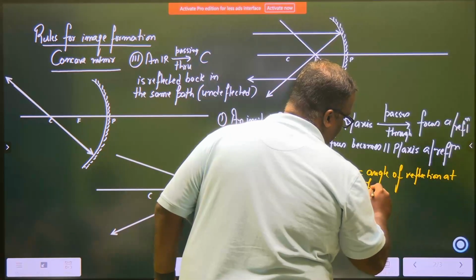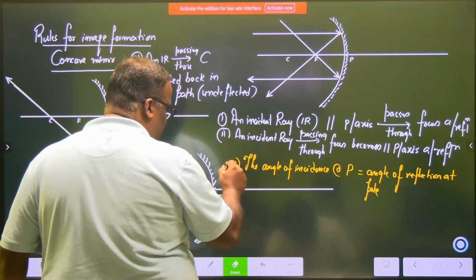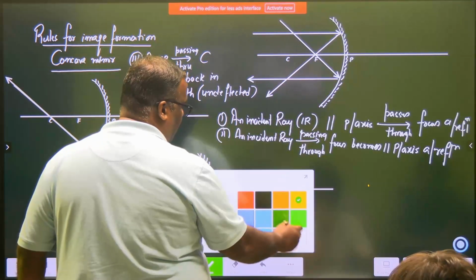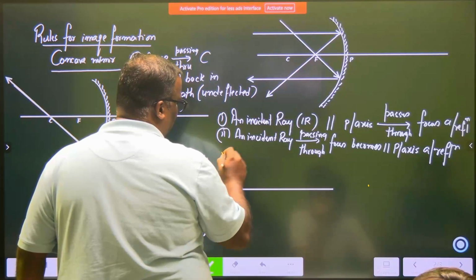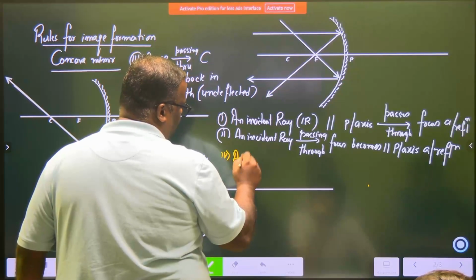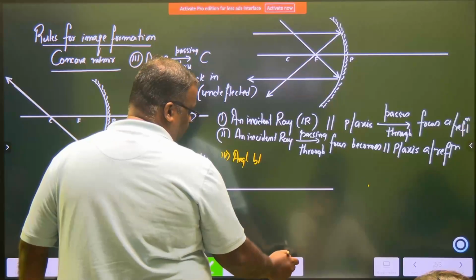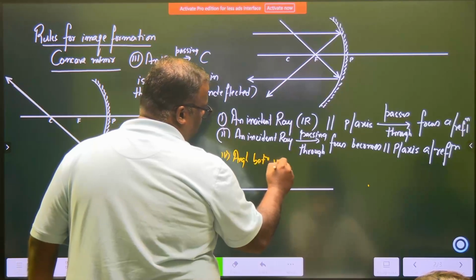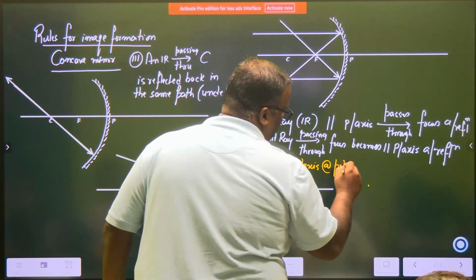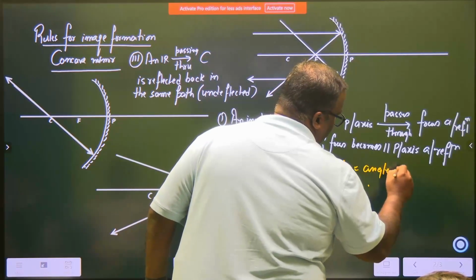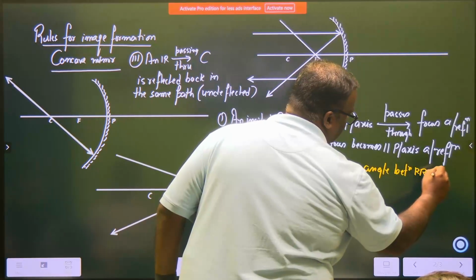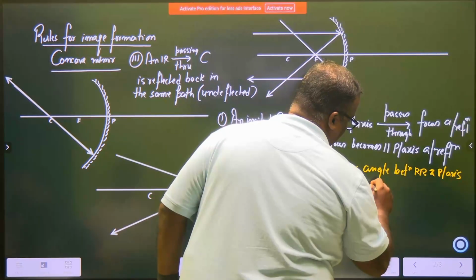Or if you don't want to write it like this, we will write it in this language: angle between incident ray and principal axis at pole is equal to angle between reflected ray and principal axis at pole.